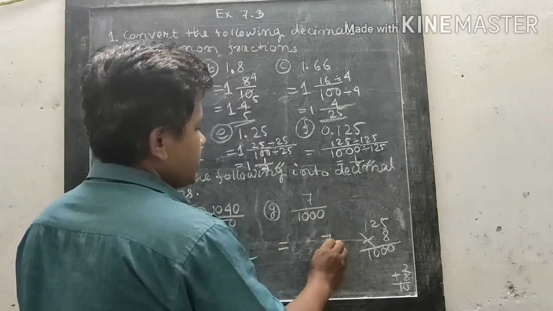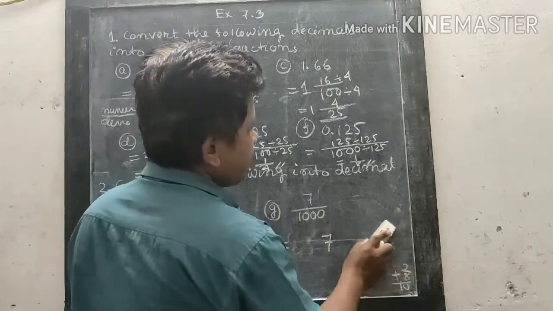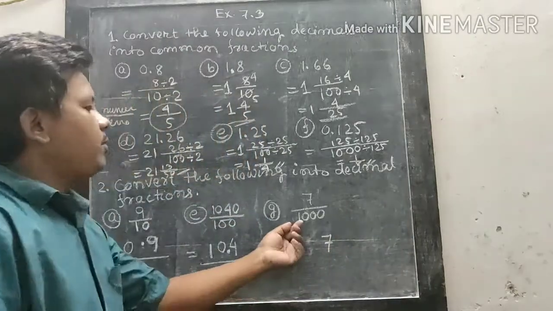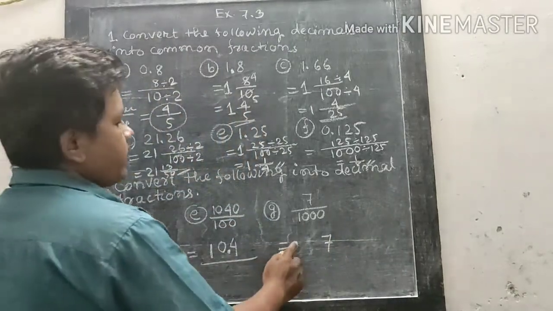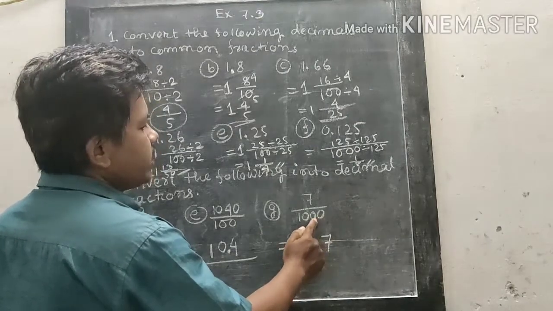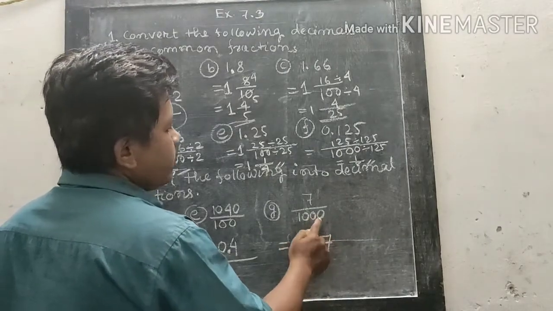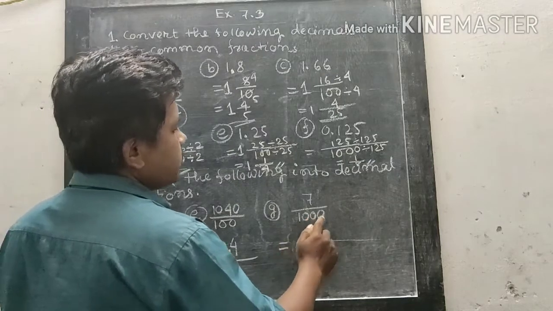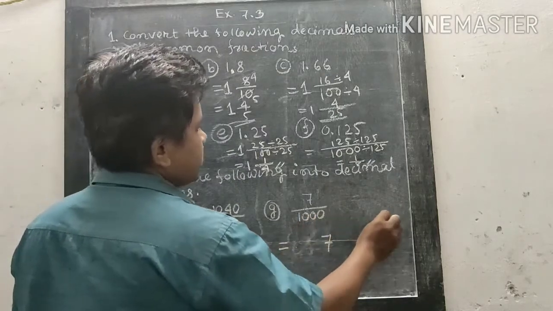So first we shall write the numerator. And where do we put the point? To put the point, we first count the number of zeros. How many zeros are there? 1, 2, 3.